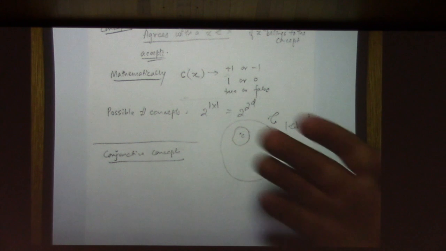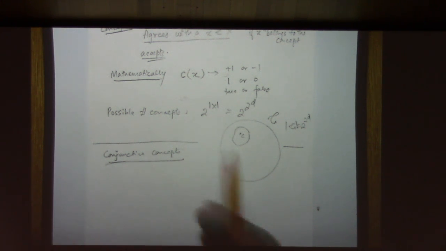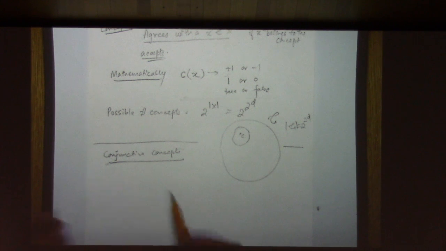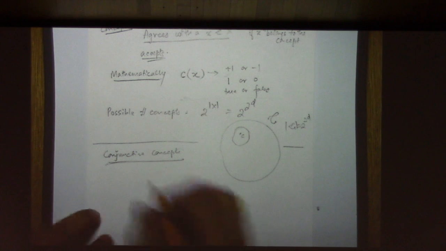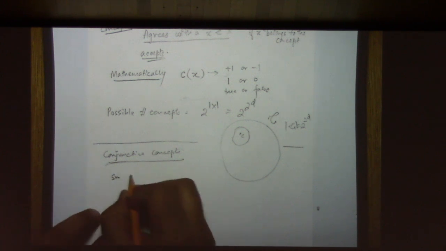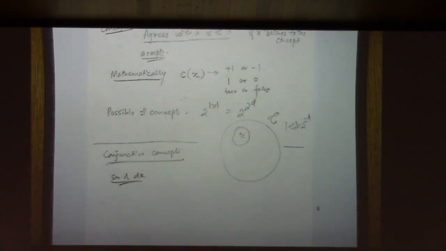So the restriction that you're imposing on these concepts is that these need to be expressed as a conjunction of something. So it could either be small and dark, or small and dark and something, right? So it needs to be of that form.